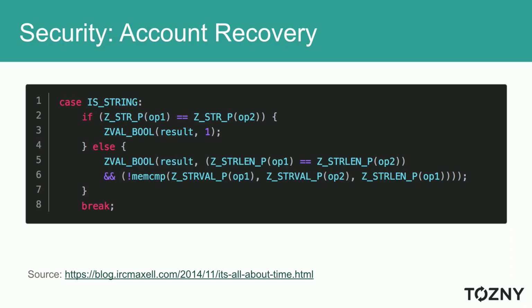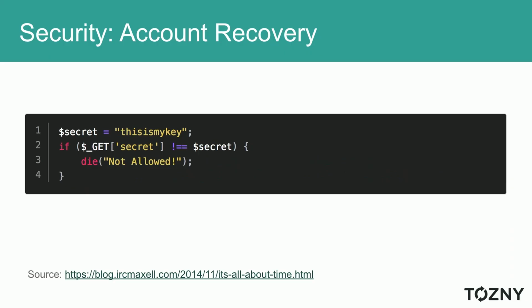one character at a time. "This is my key." If you supply "applesauce" or something, it'll look at the first two characters. Are these first two characters the same? No. Reject. It doesn't even look at the second half of the string. If they are the same, then it moves on to the second character. Are these two characters the same?